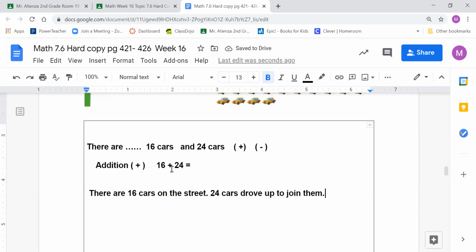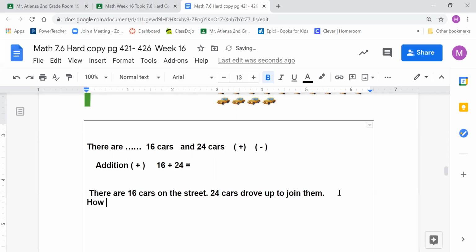Now, when I'm adding something, I want to double check and make sure what I'm creating makes sense in the story. Once upon a time, there were 16 cars on the street. There's 16. 24 cars drove up to join them. Then 24 cars came up to join them. That could be the beginning of my story problem.